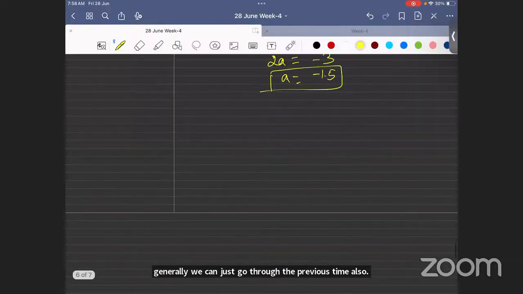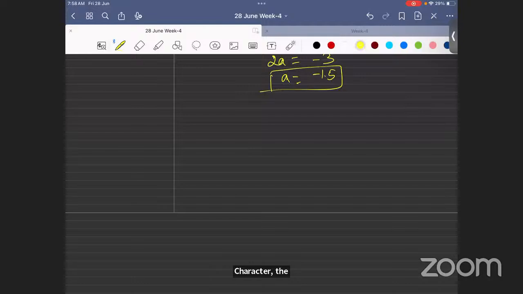Okay, let's move to the characteristics of a polynomial function.